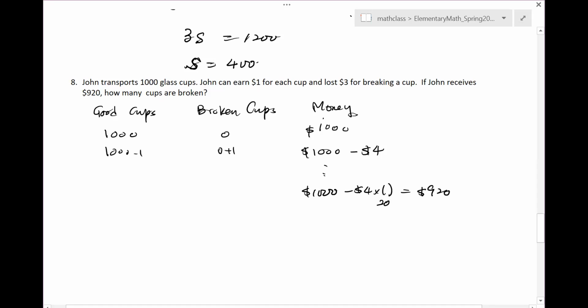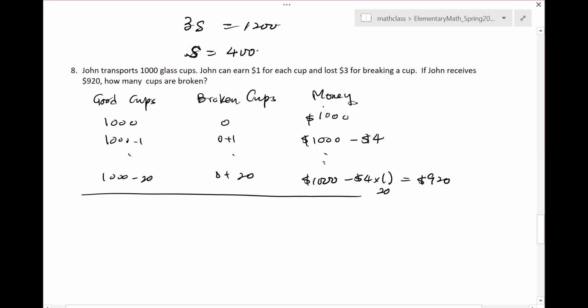That means 20 cups are broken. So it's 1,000 minus 20, and 0 plus 20. So the answer is that 20 cups are broken.